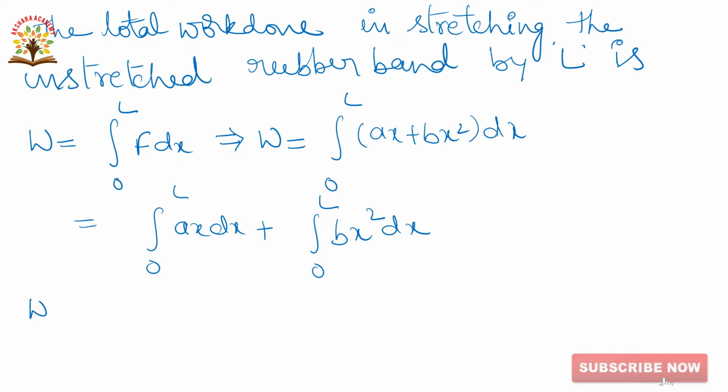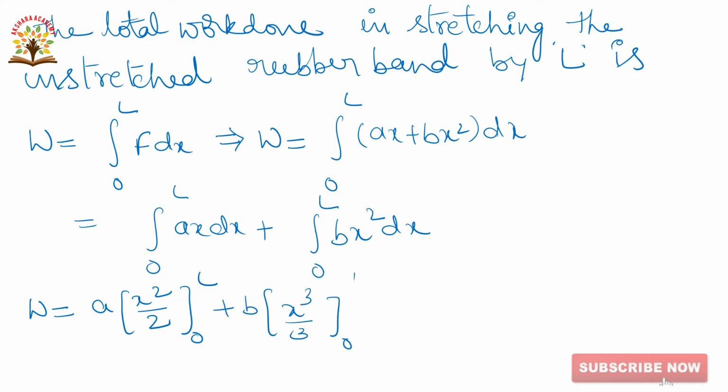So work done is a times x²/2 with the limits 0 to L, and b times x³/3 with the limits 0 to L. Here the integration of x² dx is x to the power of 2 plus 1, that is x³/3. Now applying the limits, we get aL²/2 plus bL³/3.